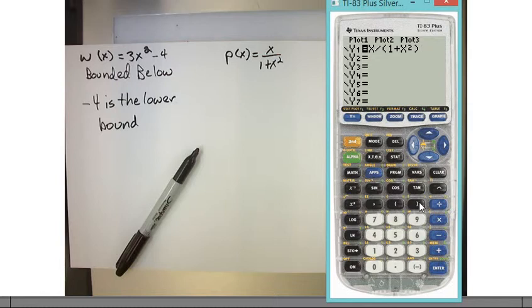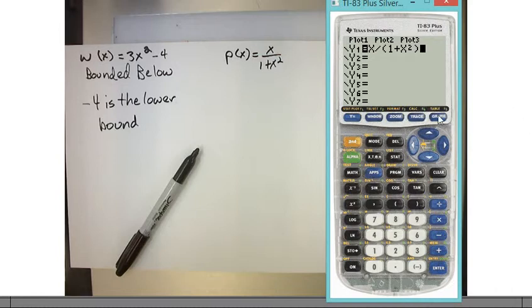So will the denominator ever equal 0? Never. Never. If I plug in 0, it'll be 1. If I plug in 2 for x, it'll be 1 plus 2 squared, which is 5. If I plug in -10, it'll be 1 plus -10 squared, which is 100, which will be 101.